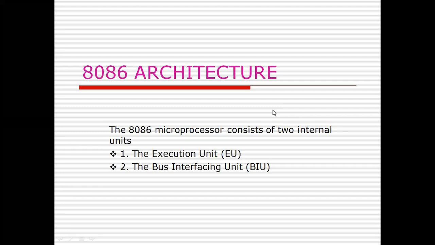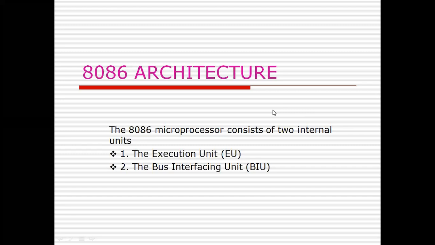Now, what is the architecture of the processor? How can we define the architecture here? The process of data manipulation and communication is determined by the logic design of the processor, and that is called the architecture.